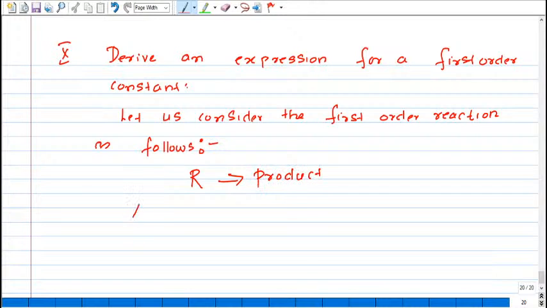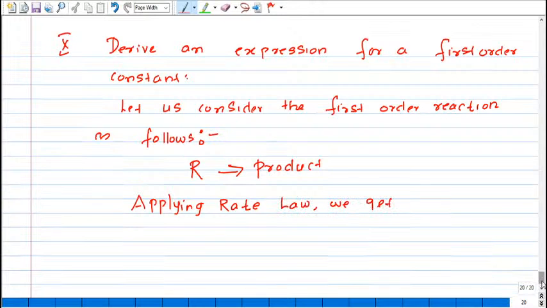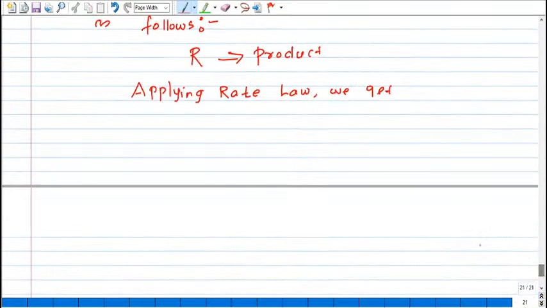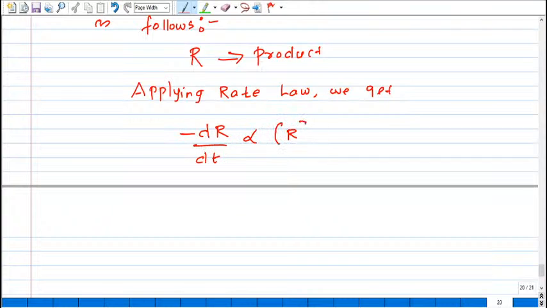Can you apply the rate law for this? Applying rate law, we know very well. Applying rate law, we get, what is that rate law? It is minus dR by dt, directly proportional to R, active mass power 1. Why are we putting 1 here?